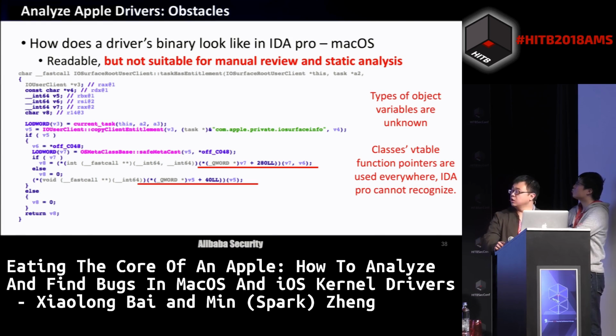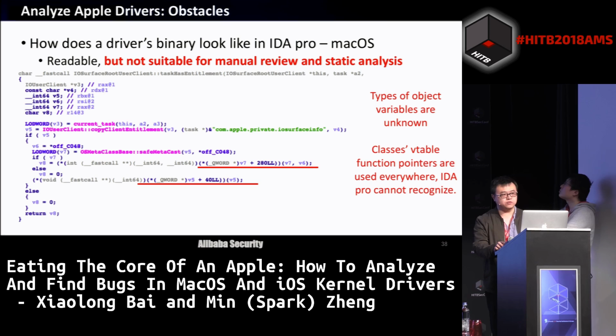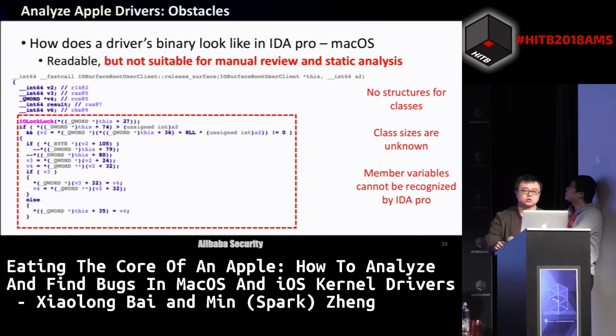So inter-procedural analysis cannot be performed with this code, not only for manual review, but also for statistical analysis. And also, without knowing the structures of the classes, we don't understand this code. We don't know what member variables are set and what member variables are read. So we cannot fully understand macOS drivers.